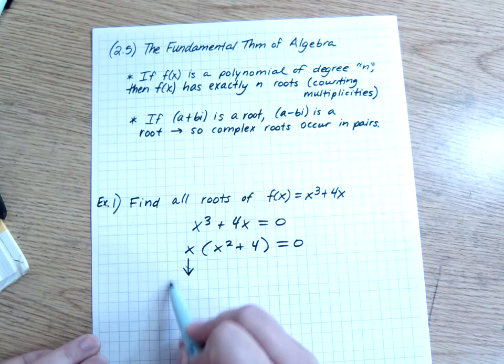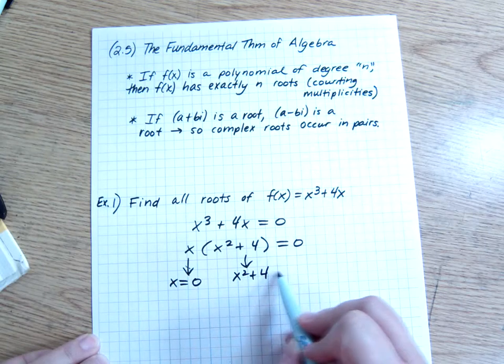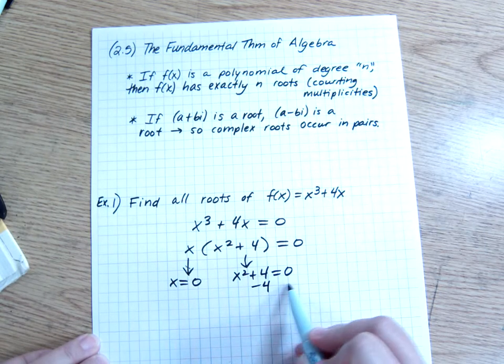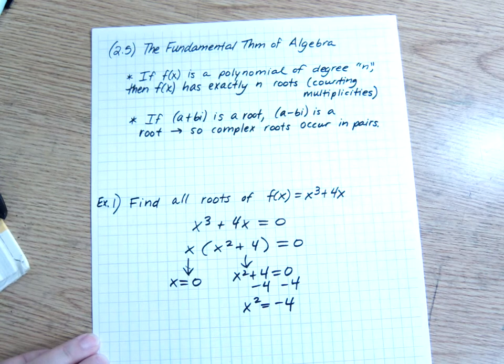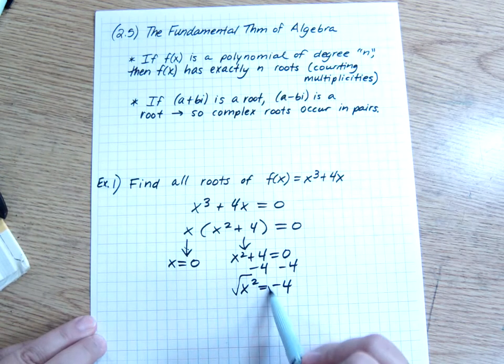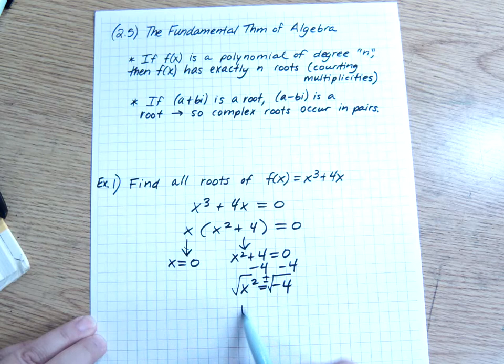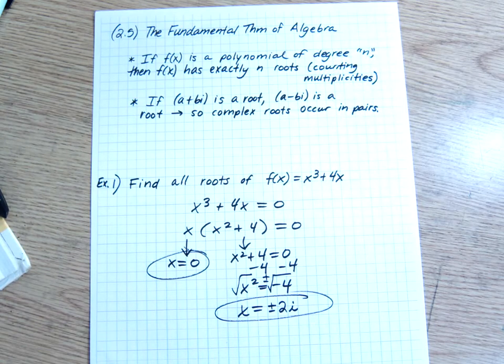So this says x equals 0 and x squared plus 4 equals 0. This I can then solve, and I get x squared is negative 4. Then I'm going to take the square root of both sides, and every time I do that, I have to do a plus or minus. So this is x equals plus or minus 2i. So that's 3 roots: 0, 2i, and negative 2i.